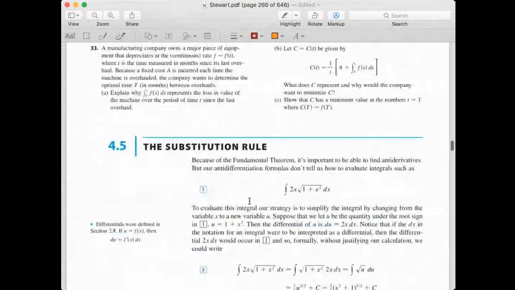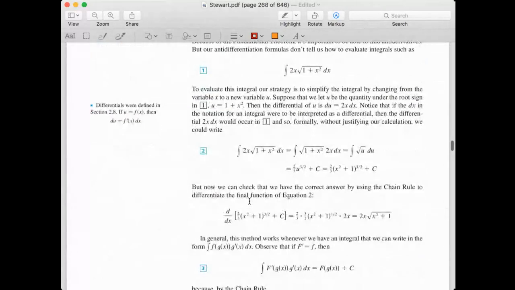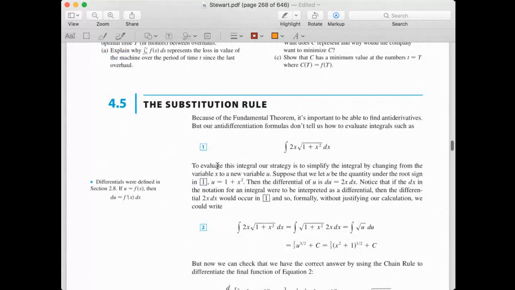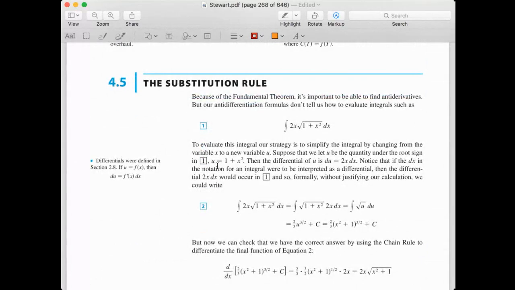Noella and Amir showed us how to use the substitution rule. So let's talk more about that. If we want to find this indefinite integral, we can find the antiderivative of the integrand. So how would we do that?